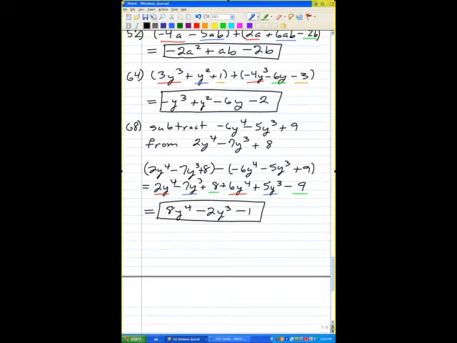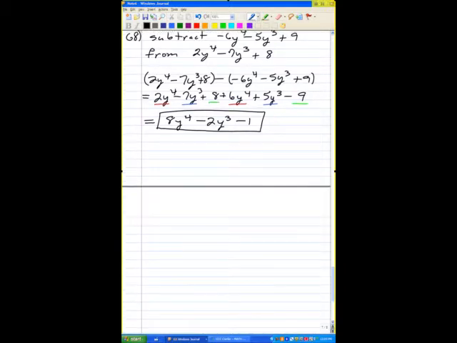Let me do problem number 78. So I want to subtract these. In exercises 76 through 90, perform the indicated subtraction.